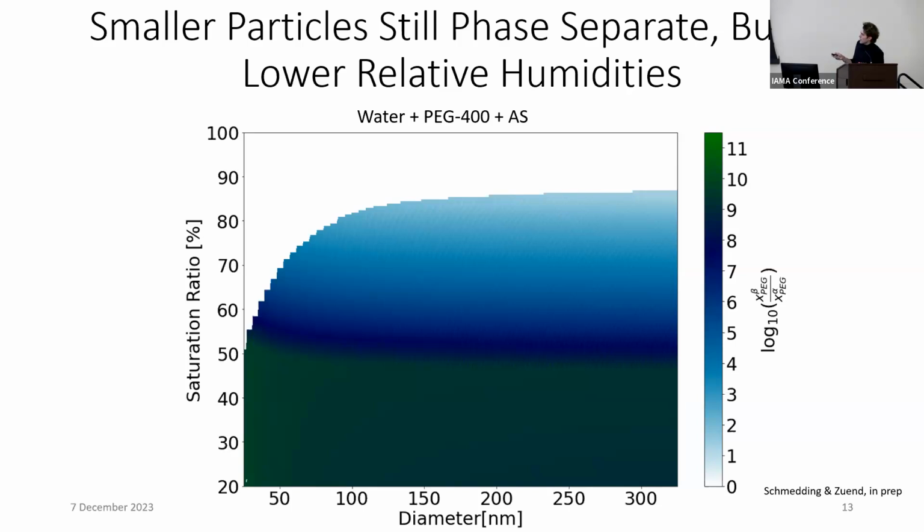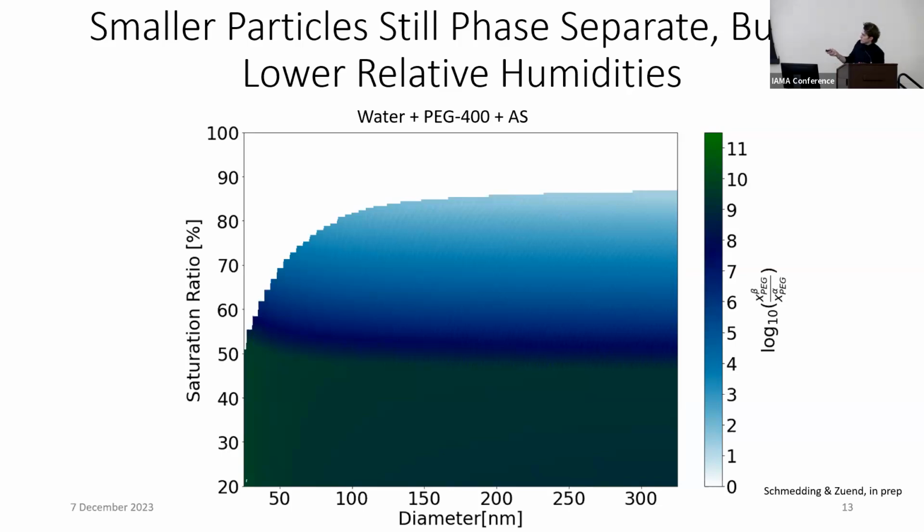And then as you go down, you see that the particle starts to phase separate at lower saturation ratios. We only ran this down to about 20 nanometers in diameter. Below that, it starts to get really slow because the solver struggles a lot.